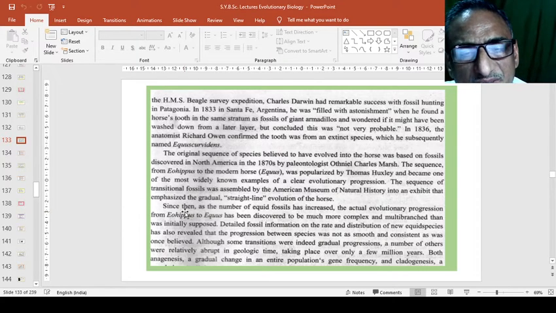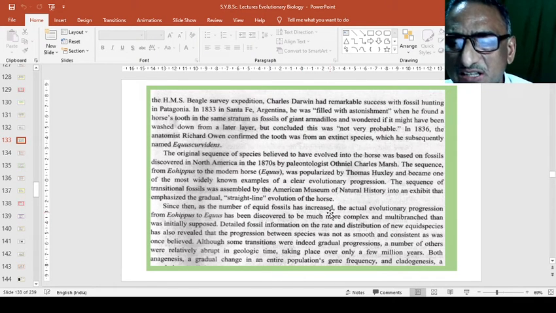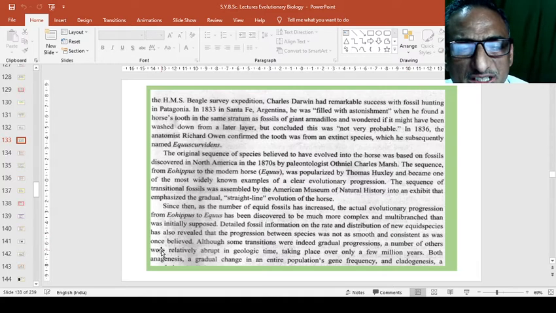Since then, as the number of equid fossils has increased, the actual evolutionary progression from Eohippus to Equus has been discovered to be much more complex and multi-branched than was initially supposed.